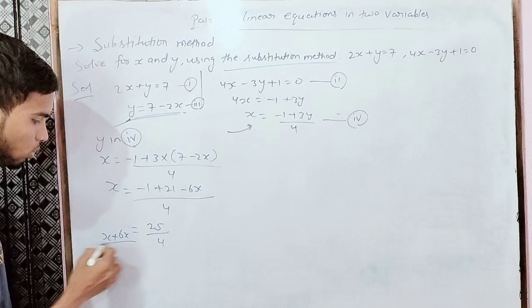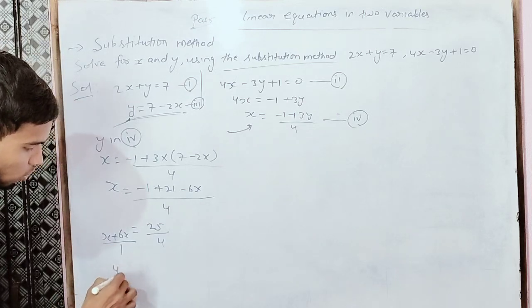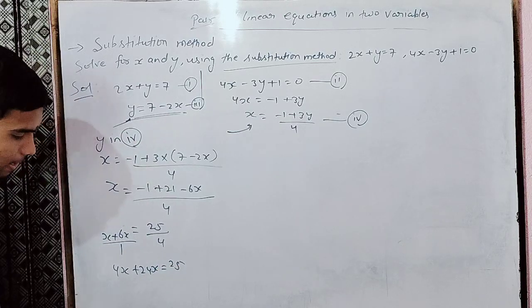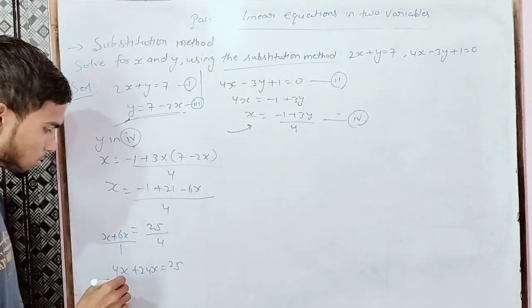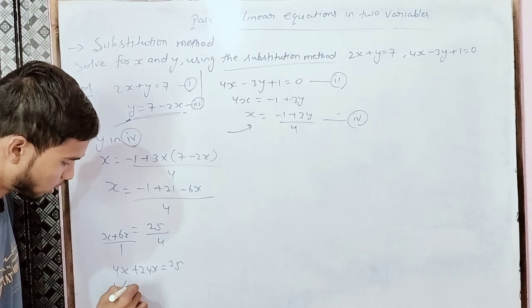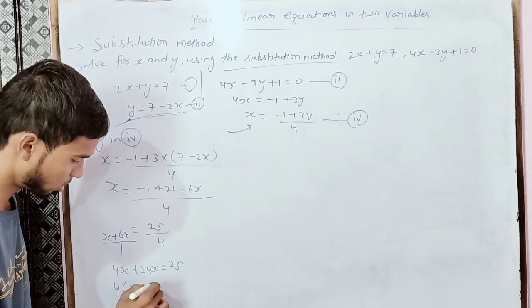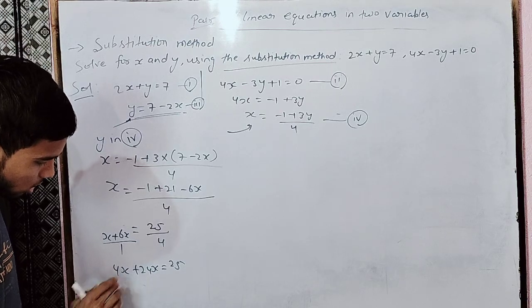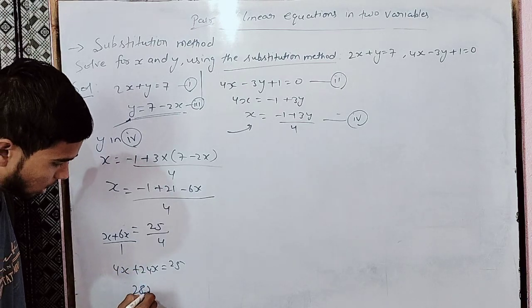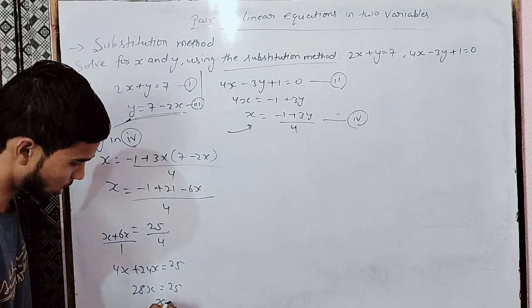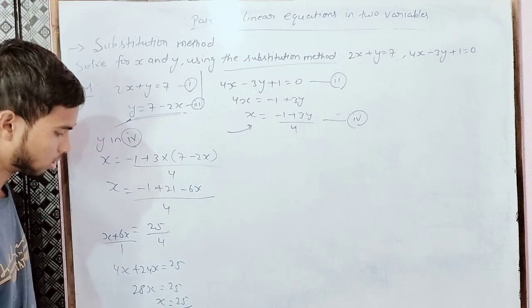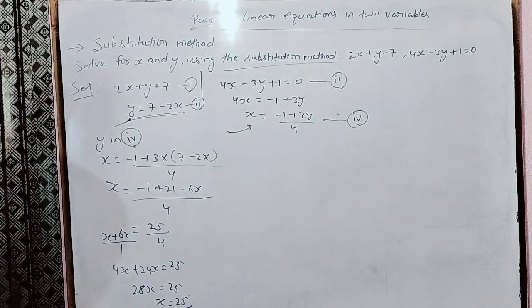Here we will do cross multiplication. So 4x plus 24x is equal to 25. Clear? 4 is common. So this is 28x upon 25, so here 25 upon 28. That's how it is becoming.